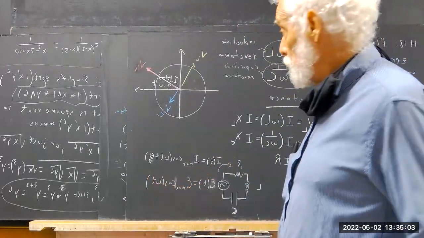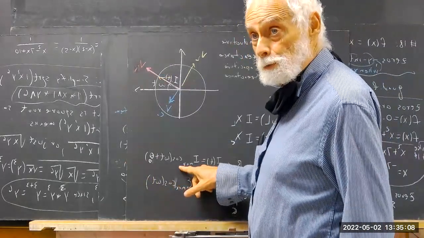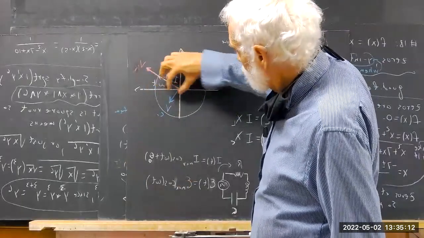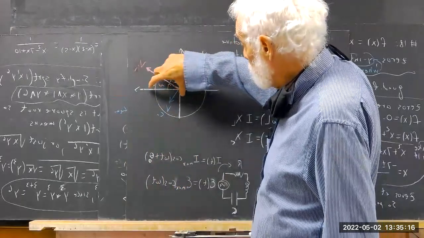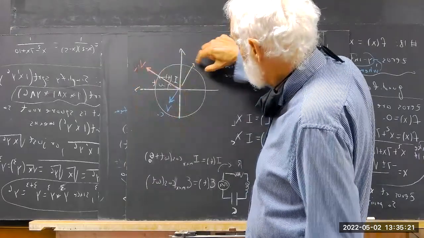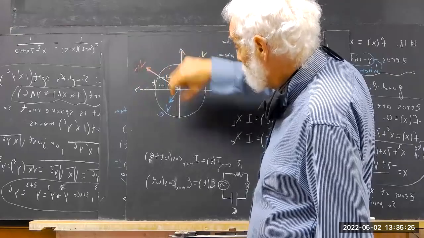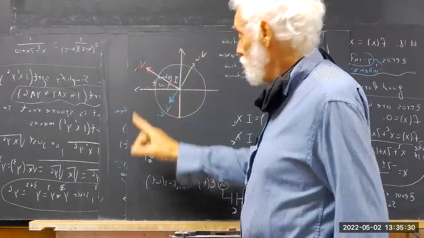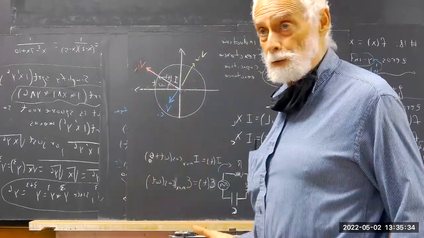What people wanted to do was add the x components, because you were talking about the cosine. The x component of VR is like this, the x component of VC is like this. They're both positive, so if you add those you get out to about here. But then you've got to subtract this, and this is a little bigger than this, so that brings you back to about here. That would be the magnitude of your cosine, but that doesn't tell you much about phase relationships.